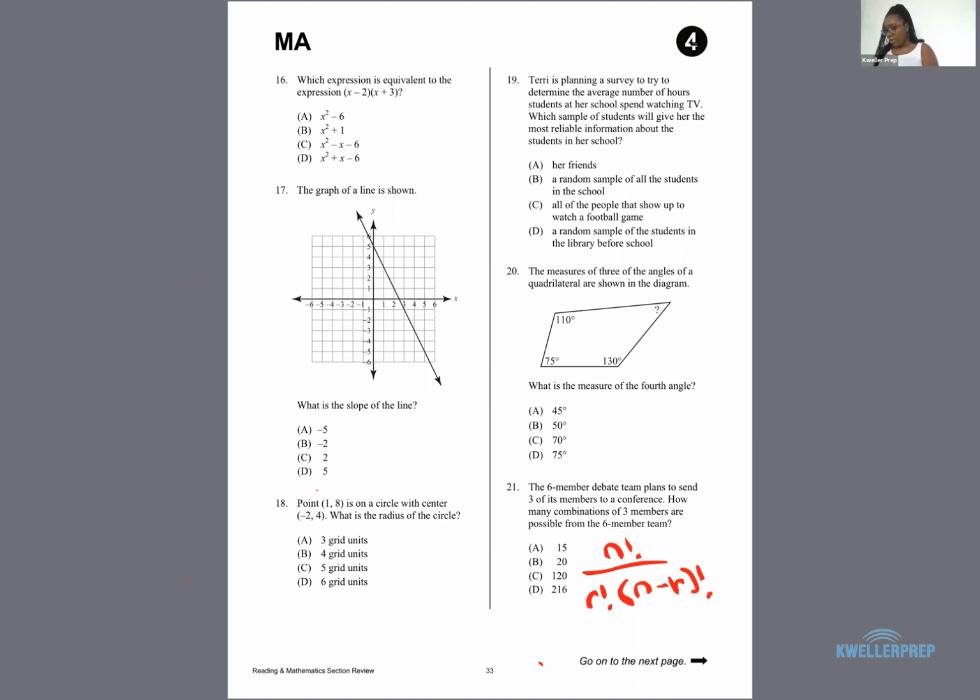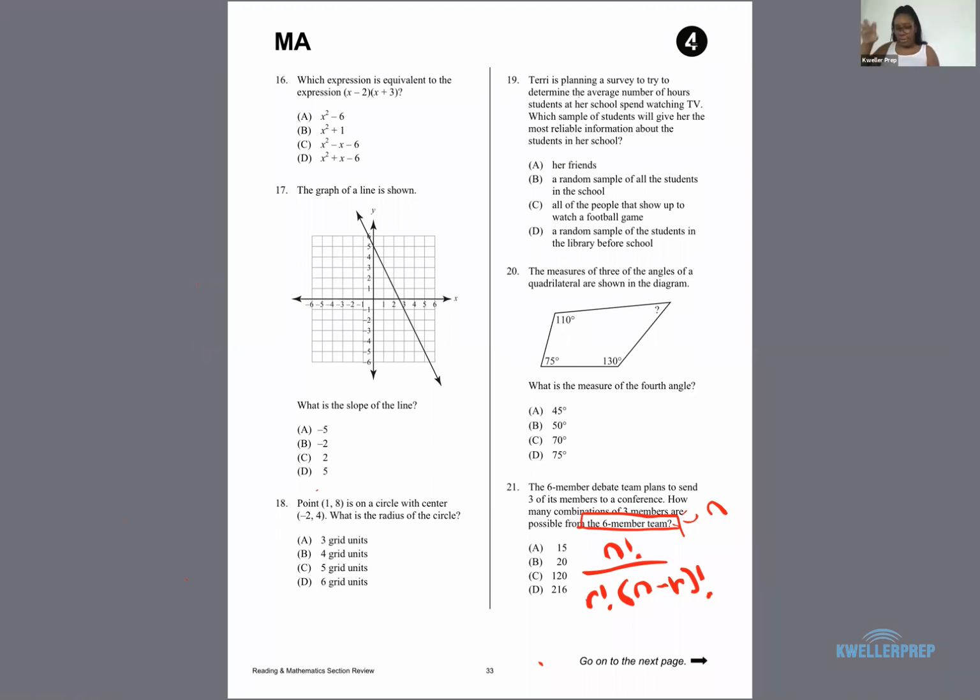Okay, so the n in this formula equals the total number of people that you're sampling from. In this case, you have a 6-member team that you're sampling from, that big value of 6. So that is what the n is. It's the total number. The r value is the sample, what you're picking out from the larger group.